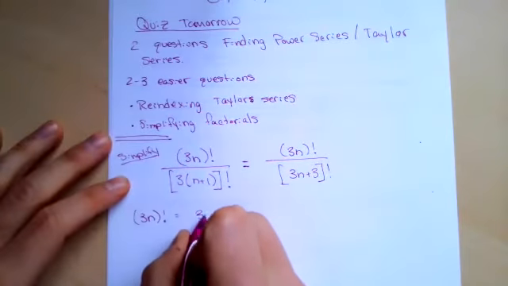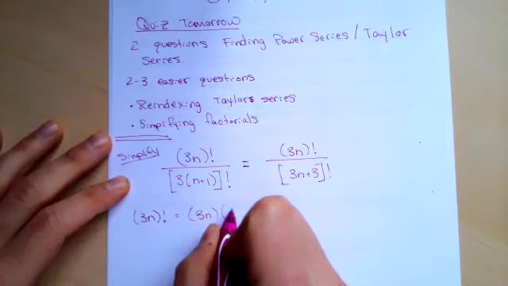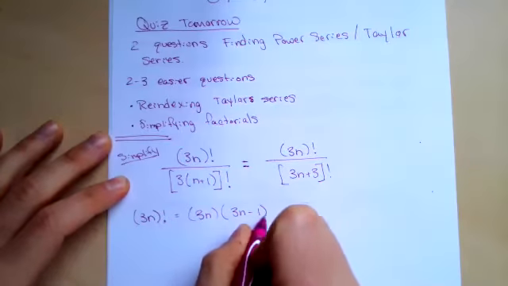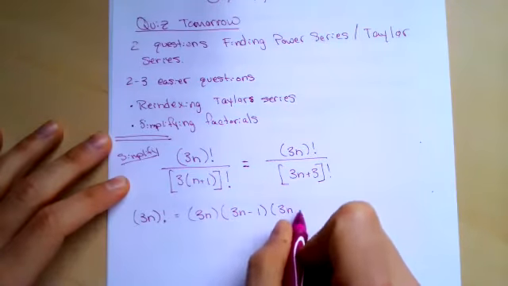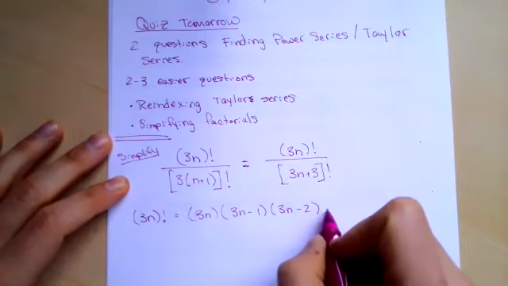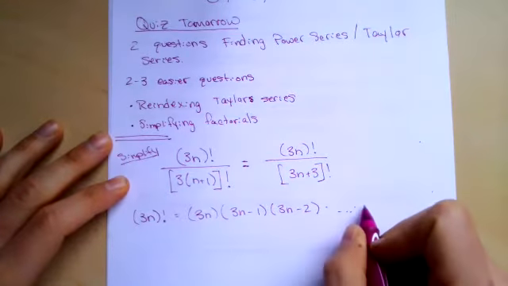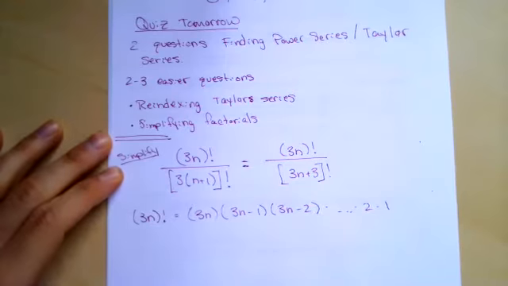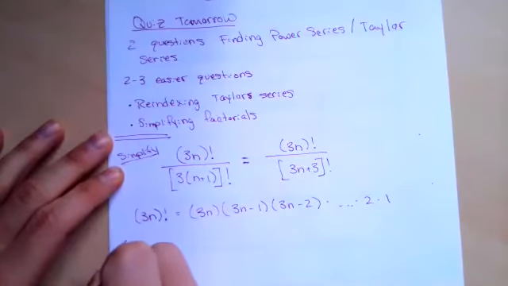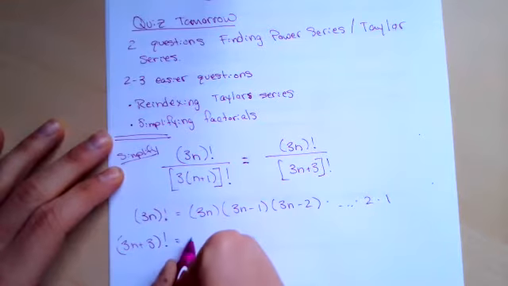So it's going to be 3n times 3n minus 1 times 3n minus 2, and it's going to keep going all the way down until it gets to 1. And likewise, 3n plus 3 factorial. Same thing, except now I'm starting with this 3n plus 3.